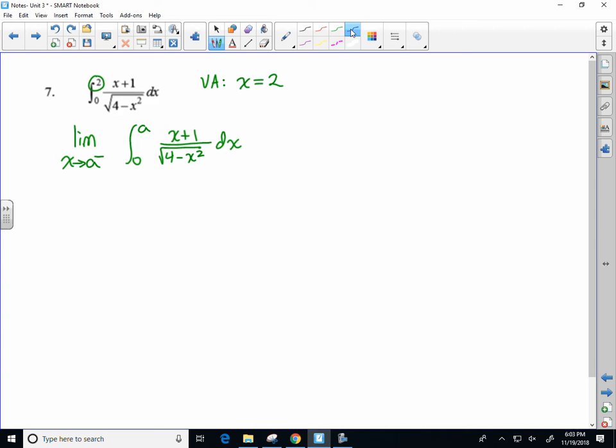As far as the antiderivative is concerned, you could go with a trig substitution if you want. You could also break it up by the plus sign, one of those integration techniques that we talked about in the last unit. So if I break it up by the plus sign, we'll worry about the limit later on, I would get this.